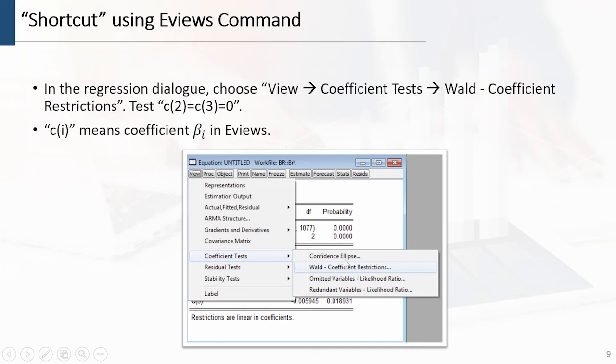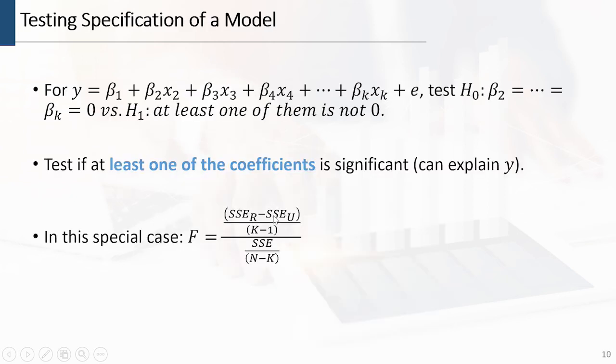This special kind of F-test is also called the Wald test. If you go for Wald Coefficient Restrictions and key in C2 equals C3 equals 0, because EViews calls the coefficients C instead of beta or B, then EViews will give you the output directly.